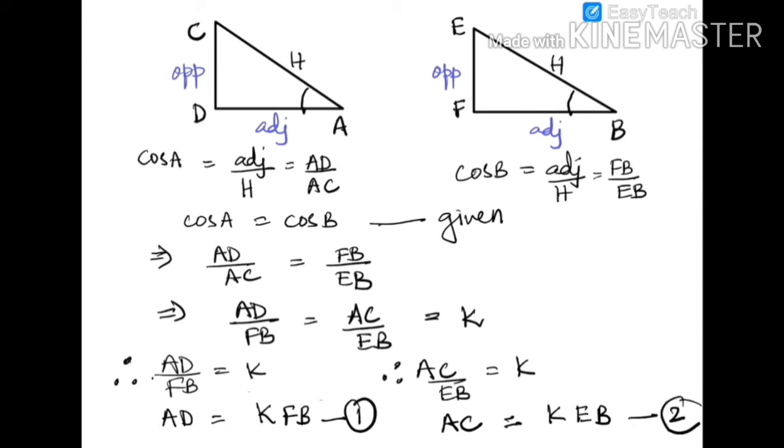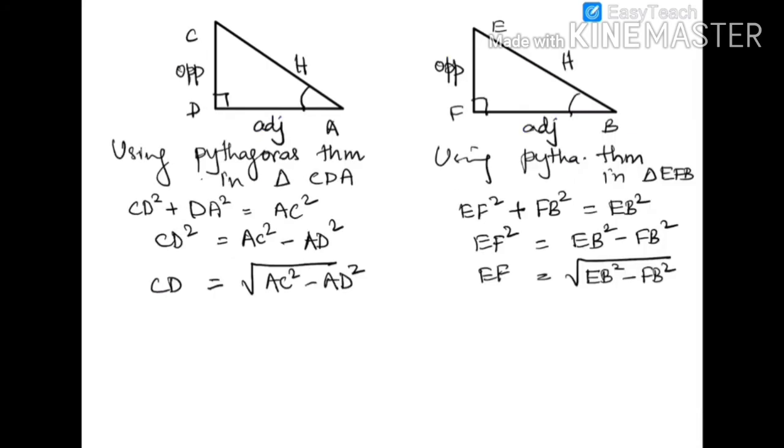Now we are going to substitute AD as K times FB and AC as K times EB in this expression. So CD will be written as root of EB times K square minus FB times K square.